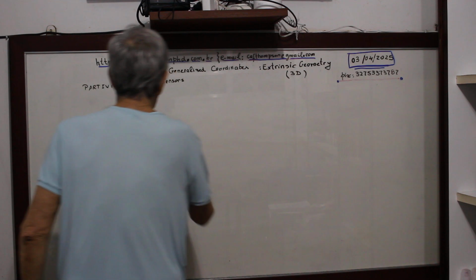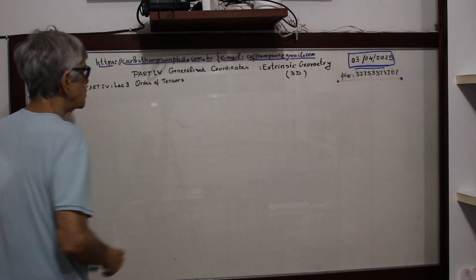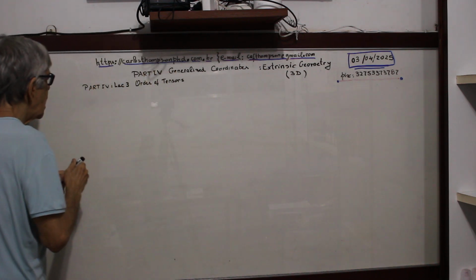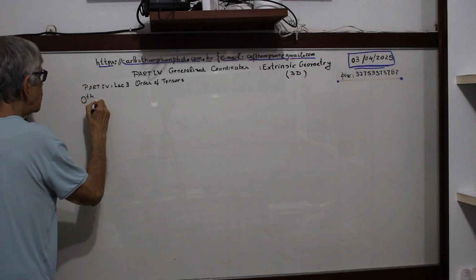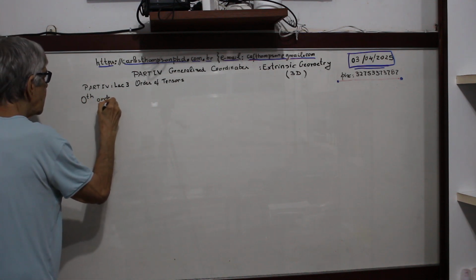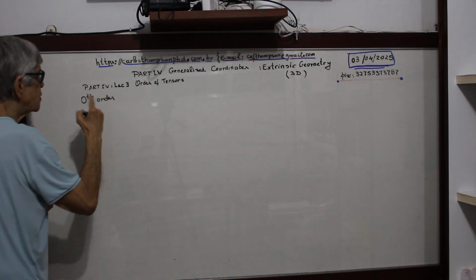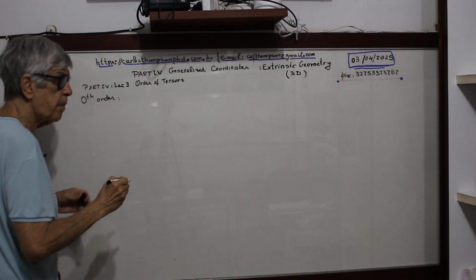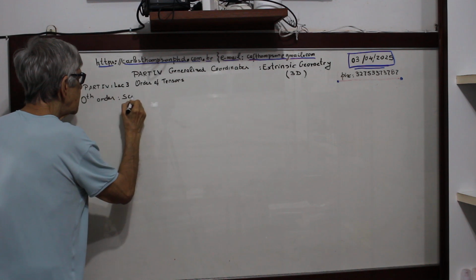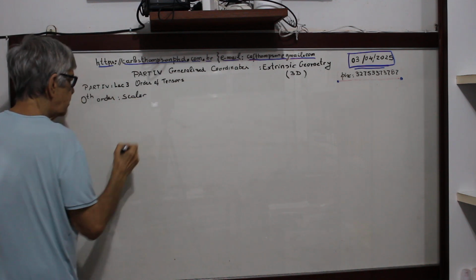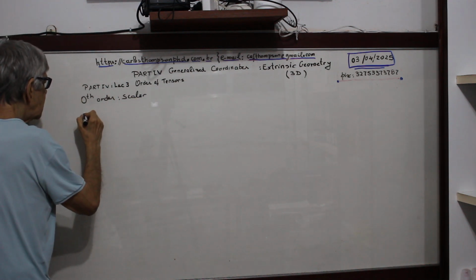Now, order of a tensor. I have a tensor, zero order. The zero order tensor, by definition, is a scalar. Okay?